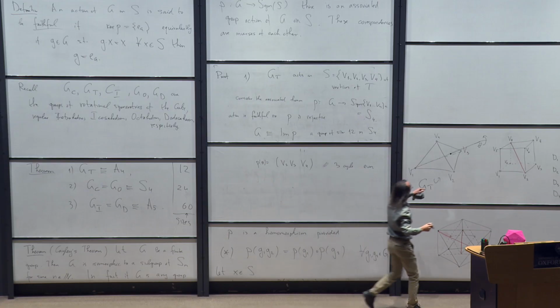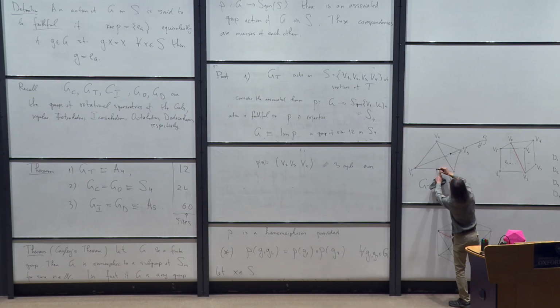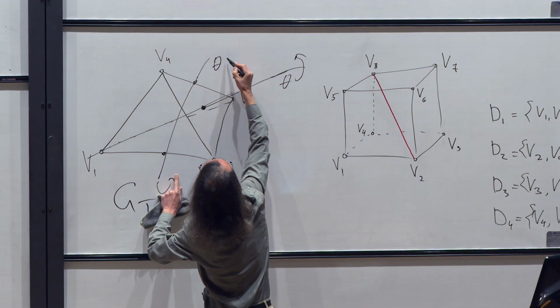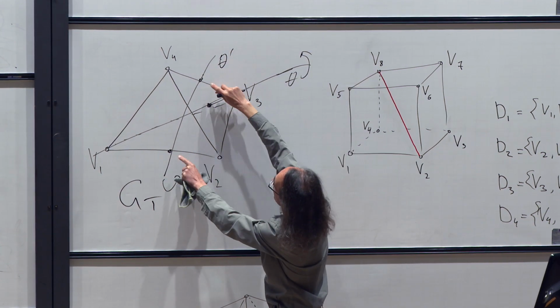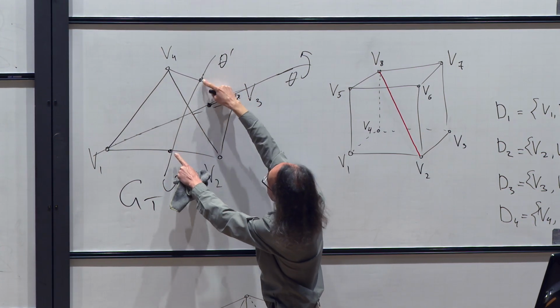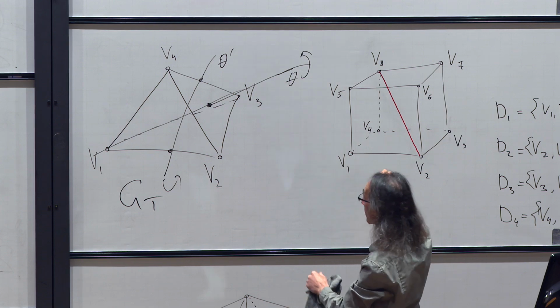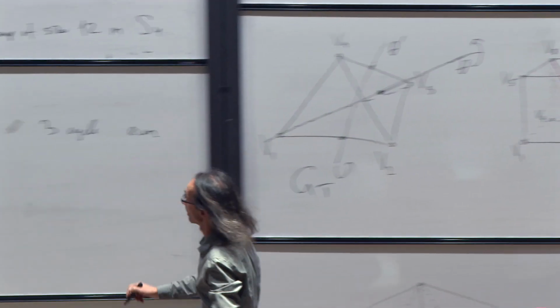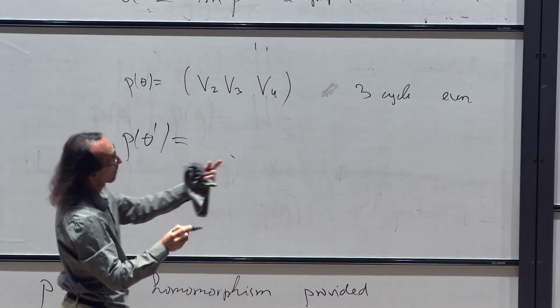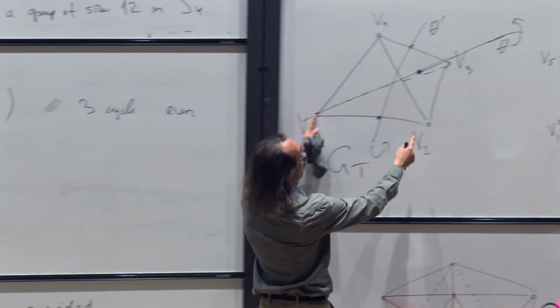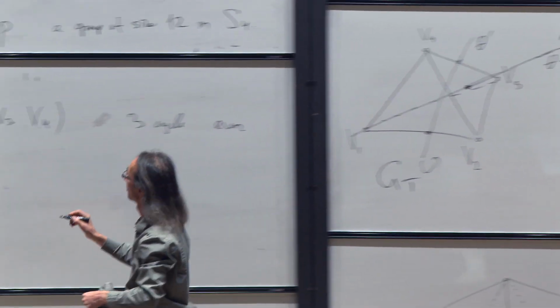And the other possibility is if we act with a rotation with an axis through the midpoints of two opposing edges, and that will be rho of theta prime. We'll just be swapping a pair of vertices, right? We're swapping V1, V2, and V3, V4.